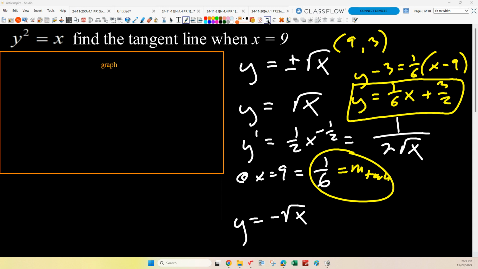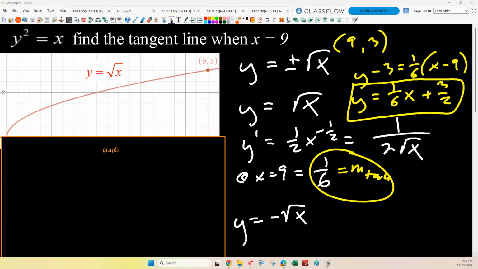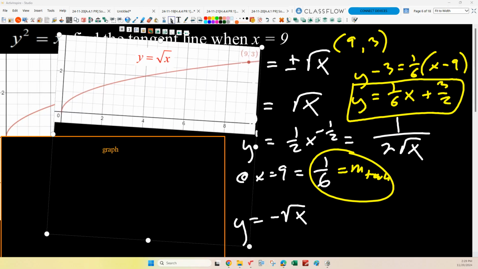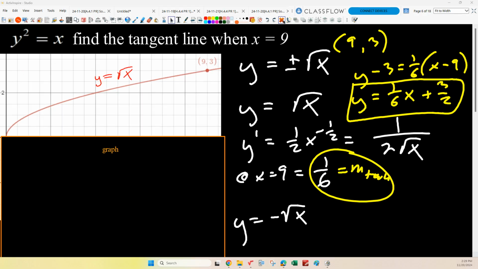Okay, but that's only half the picture. That gave us that piece, didn't it? So there's our yellow tangent line.